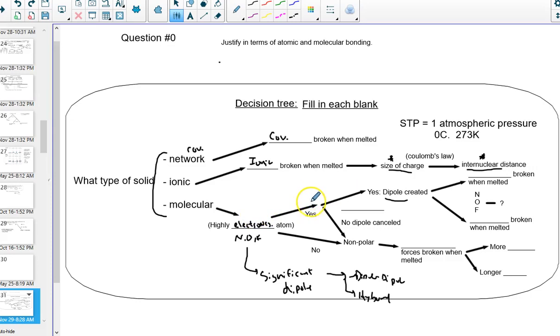So any time we look at this, we're going this way as far as dipole moments are concerned. So I might say instead here, is there a dipole moment? Okay, yes, dipole created; no, nonpolar. So if you have a dipole moment, that's one difference you could choose to do here. No. Okay, well then only London dispersion forces are broken when we melt it.